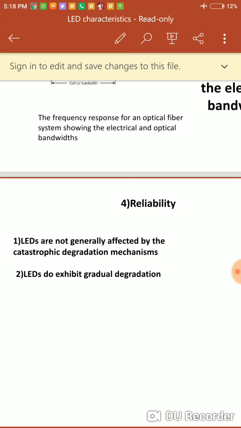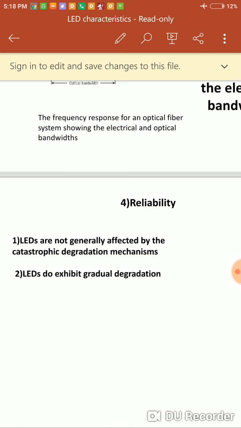The catastrophic degradation takes place because of physical damage of the material. Whenever there is damage in the mirror, or if some delicate part of the optical source is broken, that type of degradation comes under catastrophic degradation.